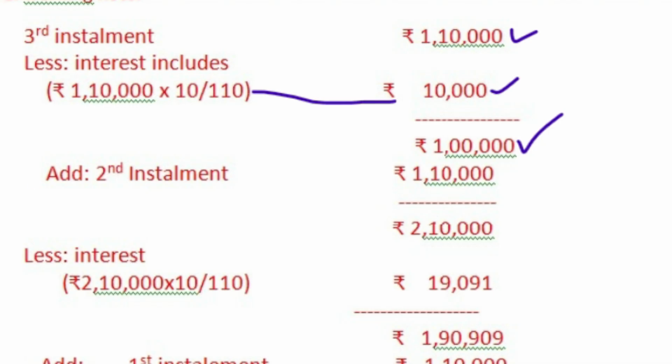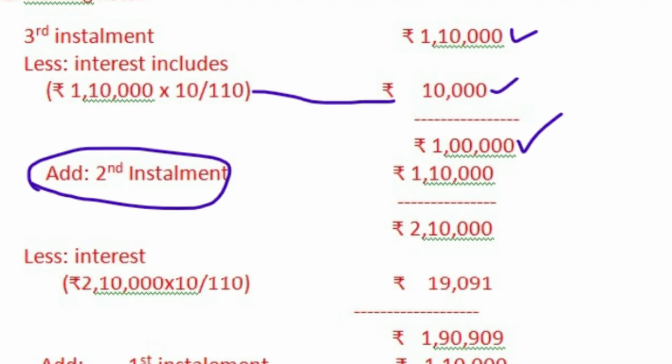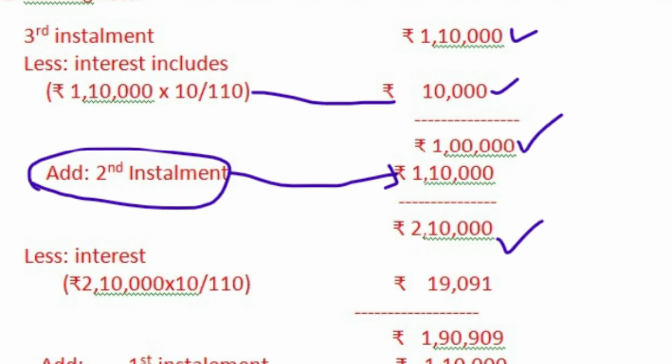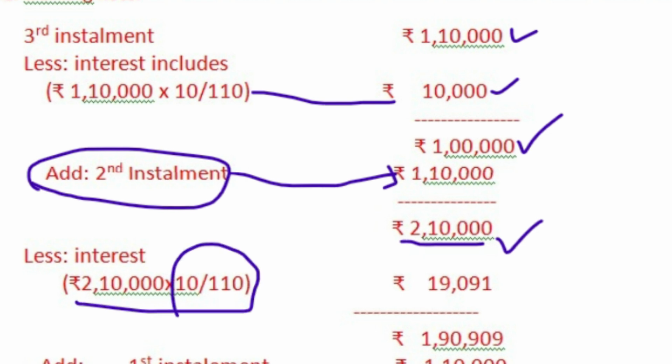Similarly, now add the second installment. The second installment is also 1,10,000, and after adding, the total is 2,10,000. The interest included in the second installment is calculated on this 2,10,000 in the same manner: 10 by 110.